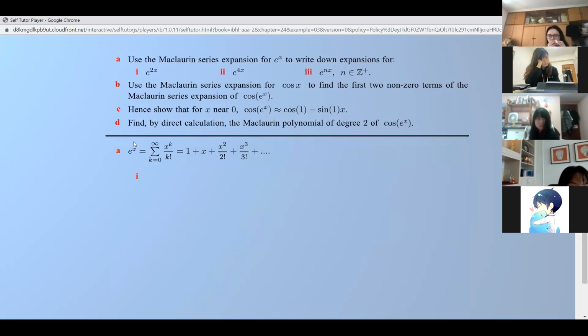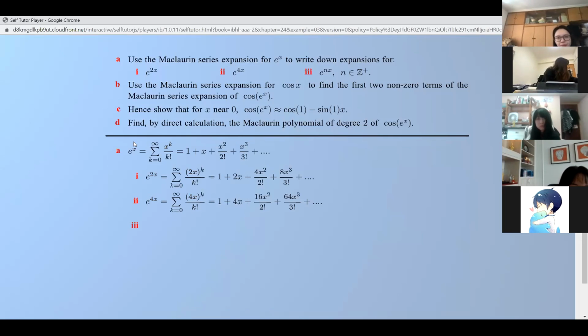To generate an expansion for e to the 2x, we substitute 2x in place of x. To generate an expansion for e to the 4x, we substitute 4x in place of x. To generate an expansion for e to the nx, we substitute nx in place of x.